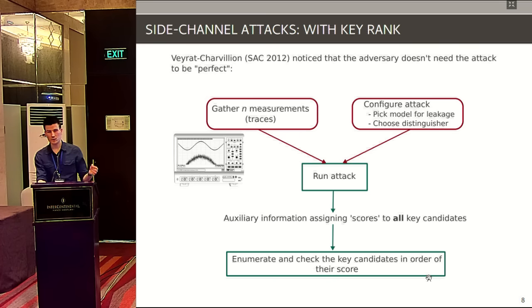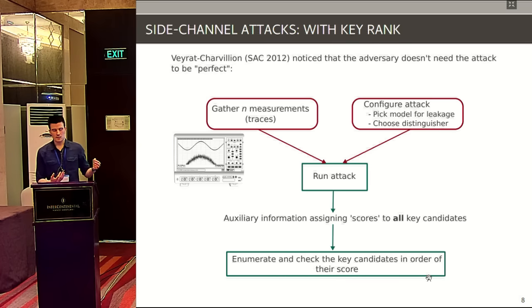Okay, so back in 2012, some guys at SAC noticed that the adversary doesn't need this attack to be perfect. And they essentially defined a strategy for the adversary in which the adversary does the exact same thing as before, same measurements, same attack configuration.